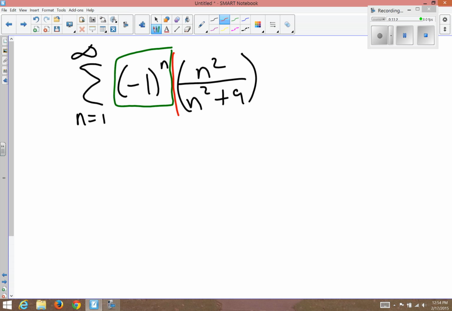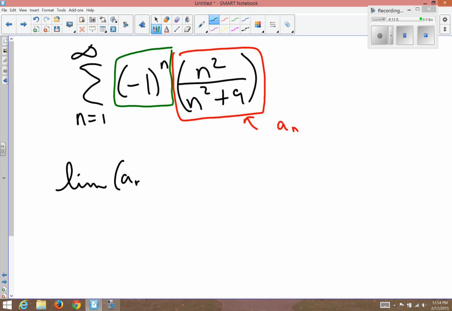And this is what's referred to as A sub n, with the red box around it, in the test. There's two conditions. But here we right away note the second condition in this test is the limit of A sub n as n approaches infinity. In this case, it's the limit of what has the red box around it.